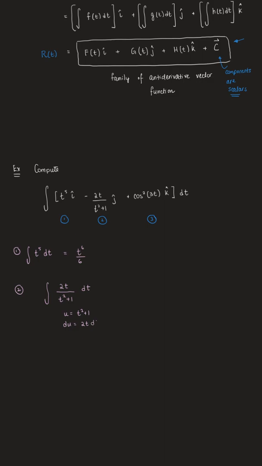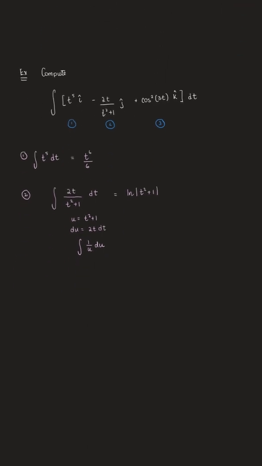And so this is the integral of 1 over u du, whose antiderivative is the natural log of the absolute value of u. I'm going to put in t squared plus 1. I don't really need the absolute value here because t squared plus 1 will always be a positive quantity, but I'm going to leave it there for now.